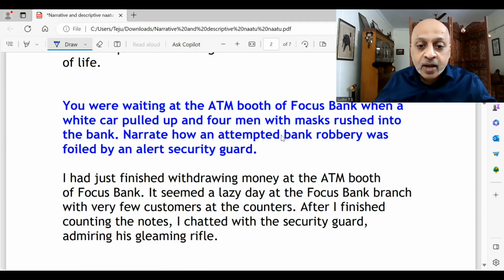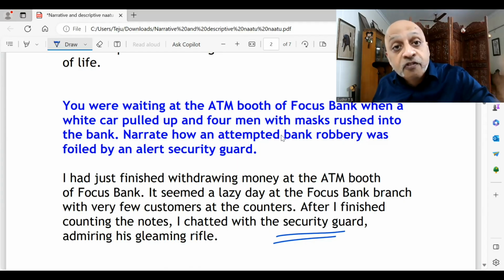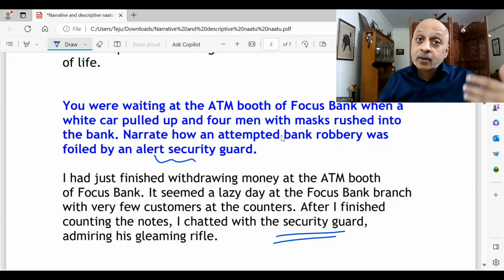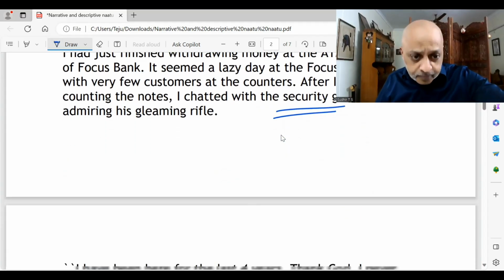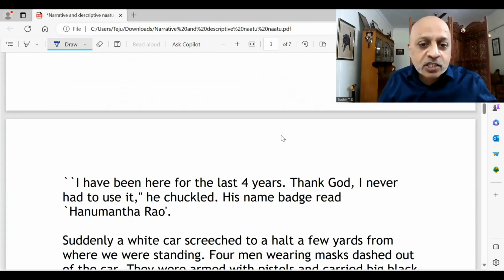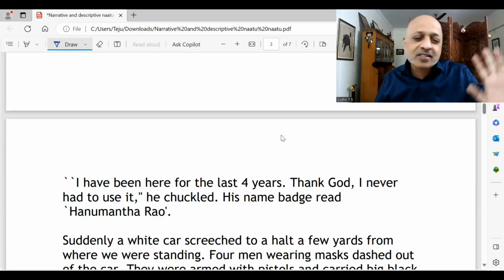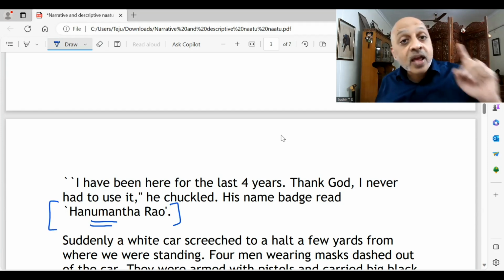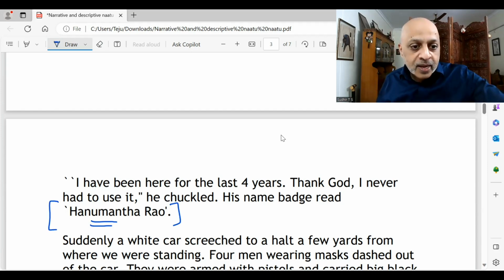So what I have done is to introduce the security guard right in the first paragraph, because as I said, he's the hero of the essay. "I have been here for the last 4 years. Thank God I never had to use it," he chuckled. It's almost like he's just relaxed and chuckling to himself. His name badge read Hanumanta Rao. So that's the name. As I said, giving a name always helps.